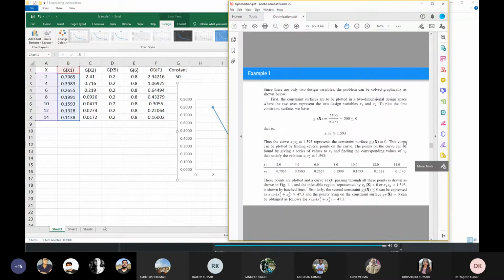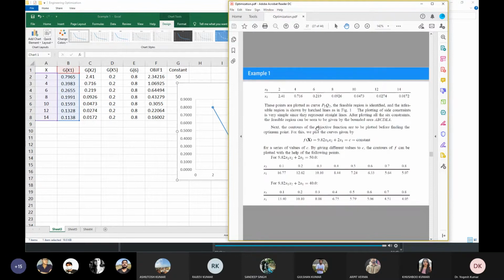Similarly, you can extend this. For the constraint function g2x, we have corresponding values of x1: 2, 4, 6, 8, 10, 12, 14. The corresponding values for constraint 2, that is g2x, are 2.41, 0.716, 0.219. I have entered these values in the next column. These values are corresponding to your constraint g2x.